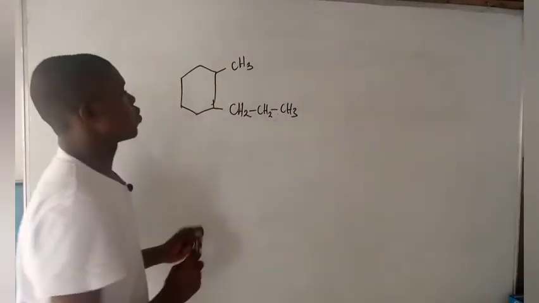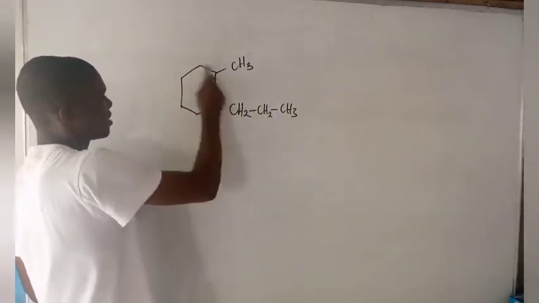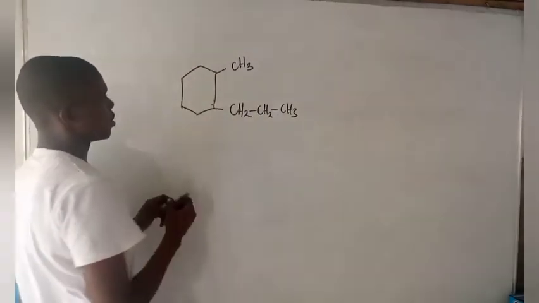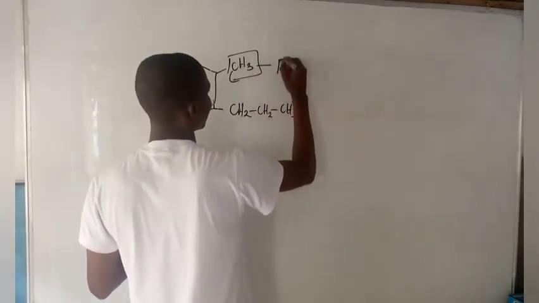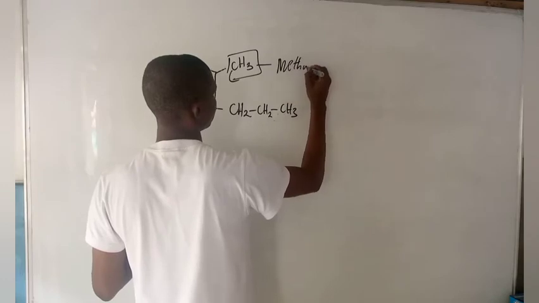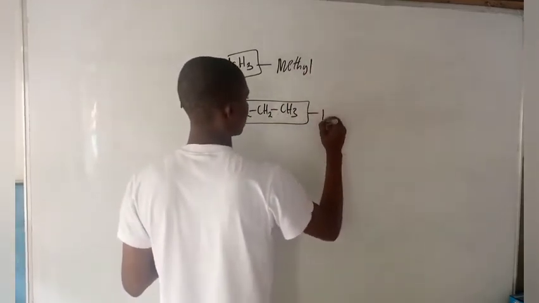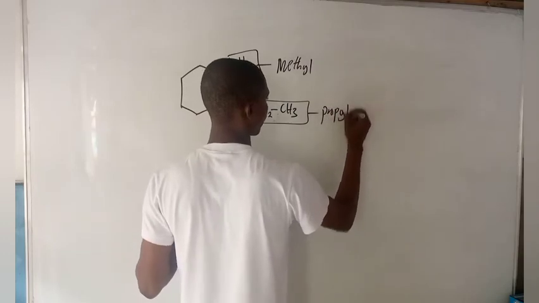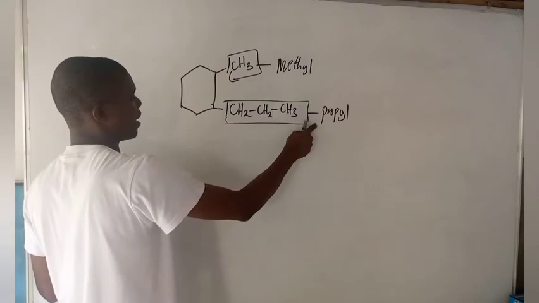So now let's look at this one displayed on the board. Here we have a cyclohexane and we have 2 substituents. So what is the name of this substituent here? Here we have methyl. Here we have propyl. You get, so M will come before P in alphabetical order.